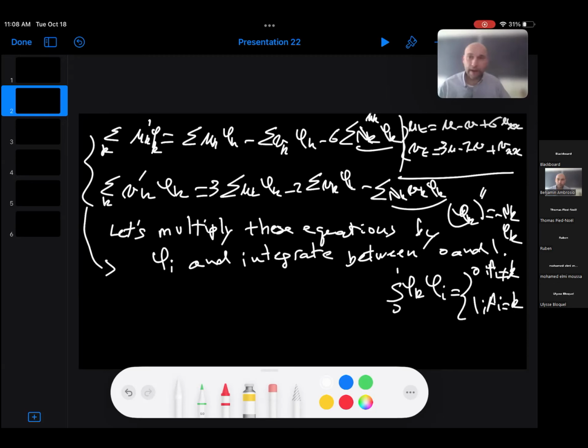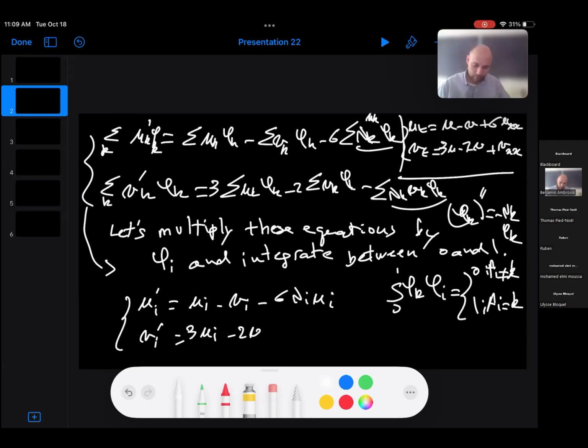So if I multiply each equation by phi_i and integrate, I get exactly u_i prime equals u_i minus v_i minus sigma lambda_i u_i, and v_i prime equals 3u_i minus 2v_i minus lambda_i v_i. And this is right.